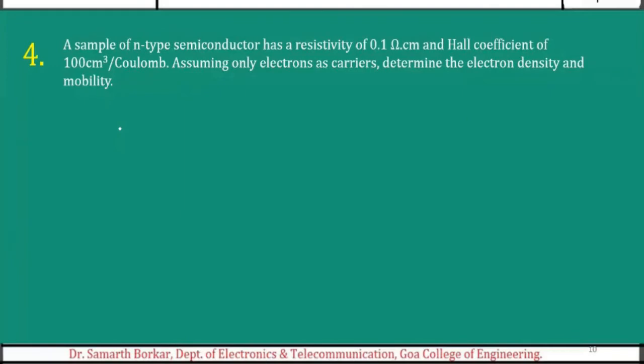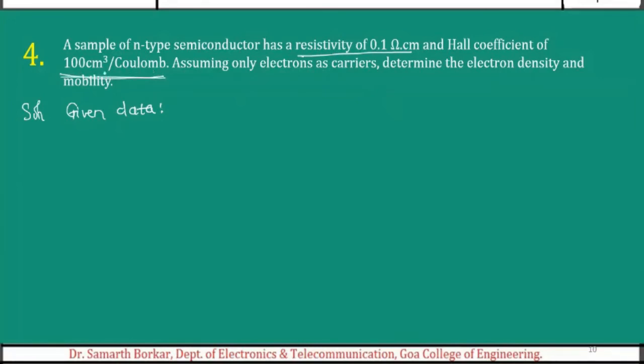Next problem. Problem number 4. A sample of N-type semiconductor has a resistivity. So solution, given data, it has a resistivity of 0.1 ohm centimeter. Hall coefficient of this.